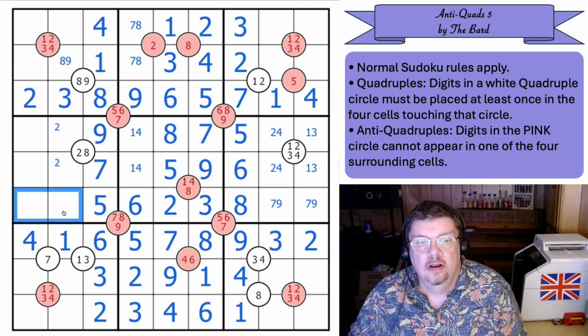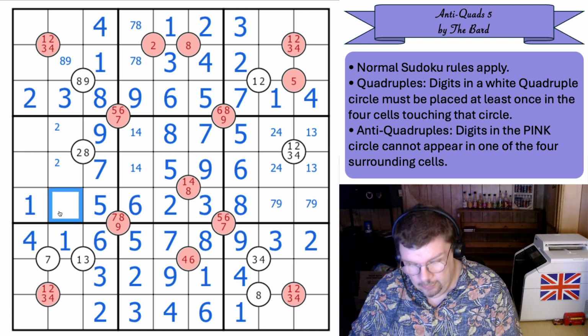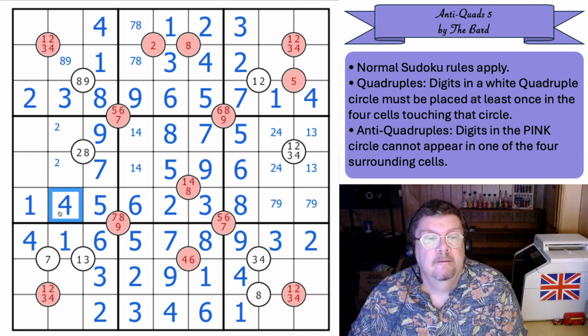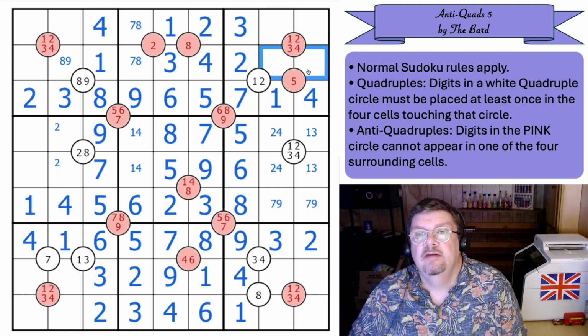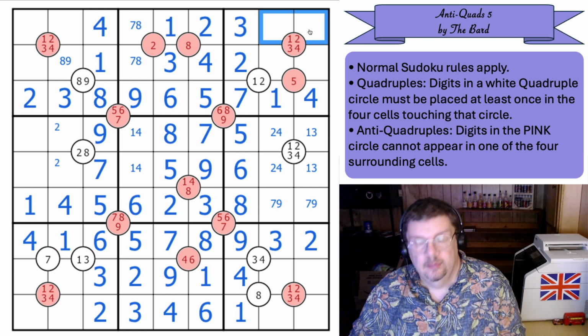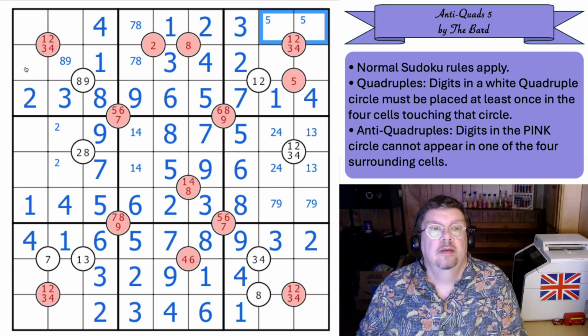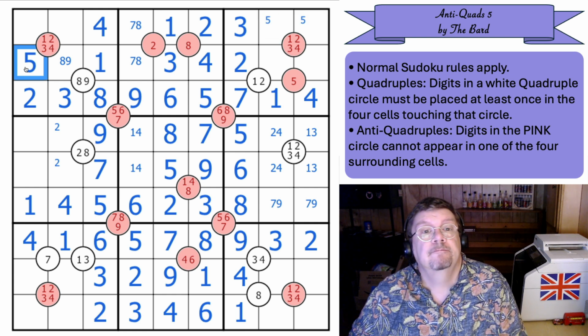These two digits are 1 and 4. So they must go in that order. Let's see. 5 is not in one of those, so 5 is up here. That places a 5 here.